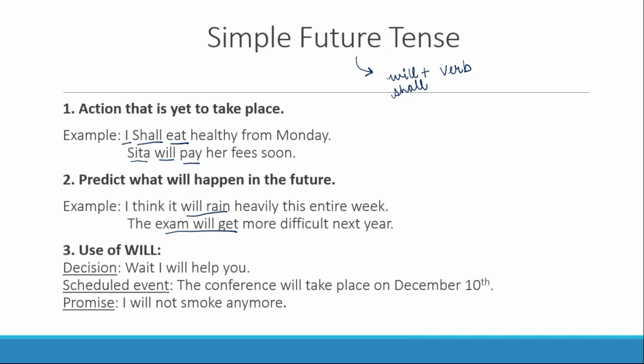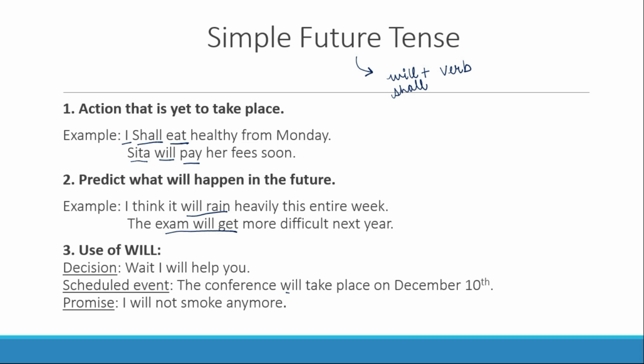The next, when are we going to use the word will? Specifically, will is used when you are making a decision. No, I will wait for her, or wait, I will help you. Right? So you made a decision. So during those decisions, you will use the word will. The next, if it is a scheduled event, the event is already scheduled in the future, then you will say the conference will take place on December 10th.